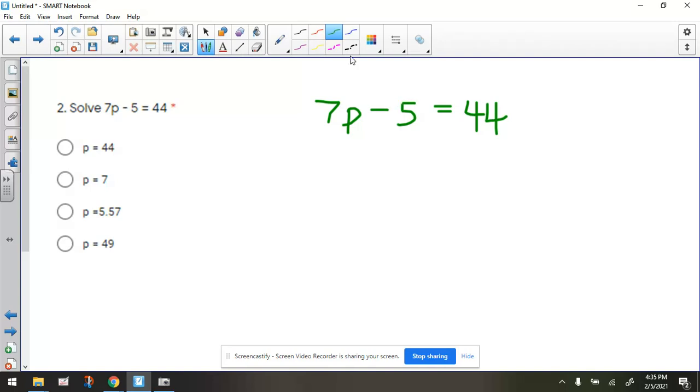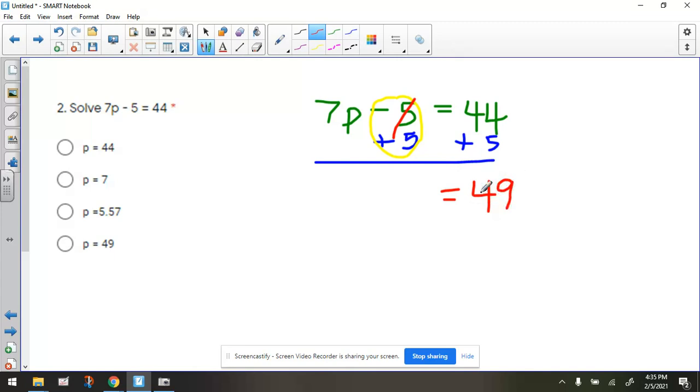Here it is. And we ask ourselves, what's the opposite of that? The opposite of that is to add 5 to both sides of the equation to keep it balanced. So what happens to all of this? It cancels out. And we have to do the math here. 44 plus 5 would give us 49. We'll bring down what's on the other side of the equation, the 7p.